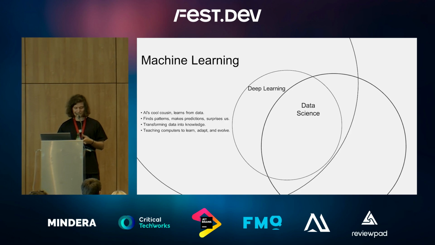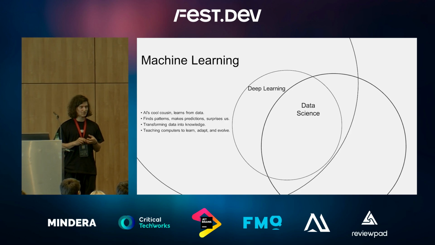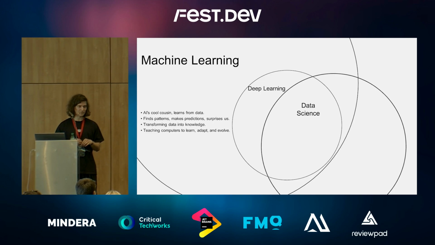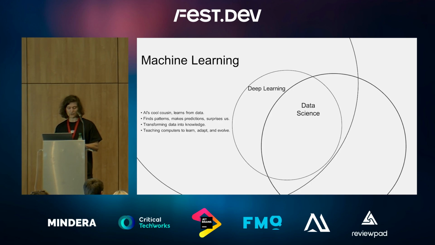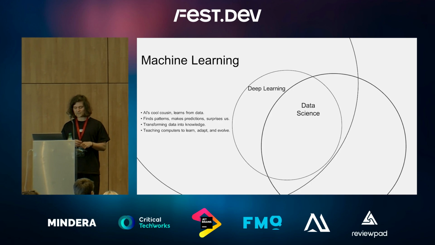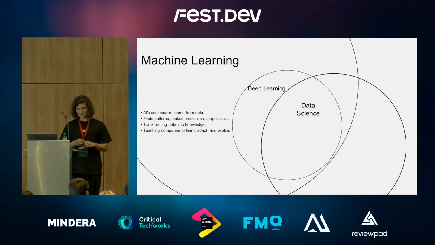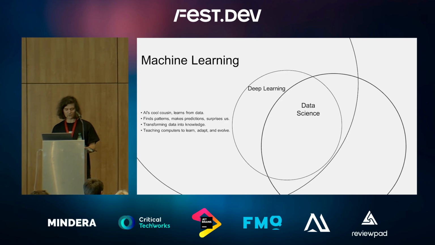Another thing is transforming data into knowledge. Then we use this knowledge, even for ChatGPT, which uses requests to models that we have already trained. It's also teaching computers to learn, adapt, and evolve.